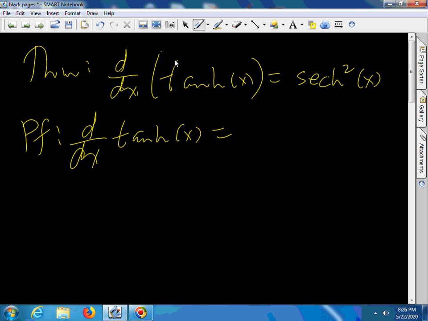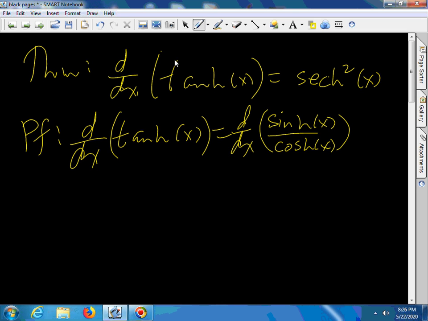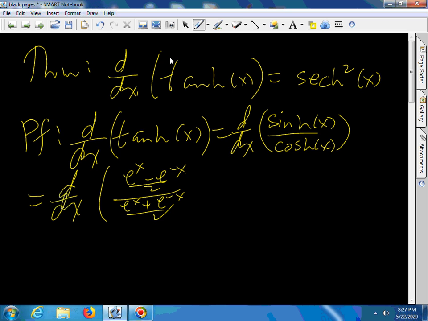hyperbolic tangent of x is equal to the derivative of the sinh of x over the cosh of x, which is the derivative of, well, the sinh of x is e to the x minus e to the minus x over 2, divided by the cosh of x, which is e to the x plus e to the negative x over 2.